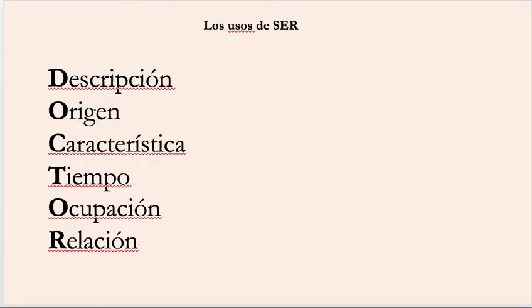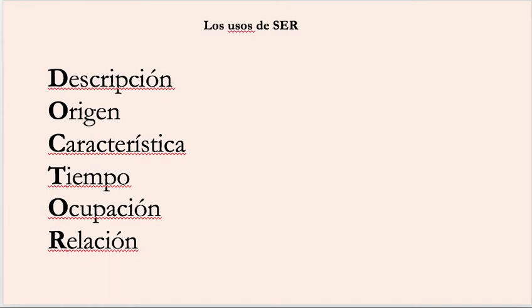So a few of the uses of ser. There are more in this book, but the one that I like to use is doctor. The D stands for descripción, O es origen, C característica, usually permanent characteristic, tiempo, ocupación, and relación.